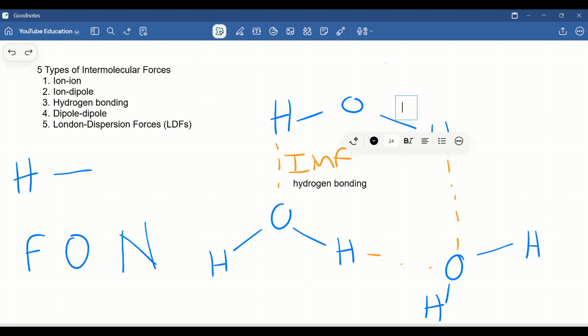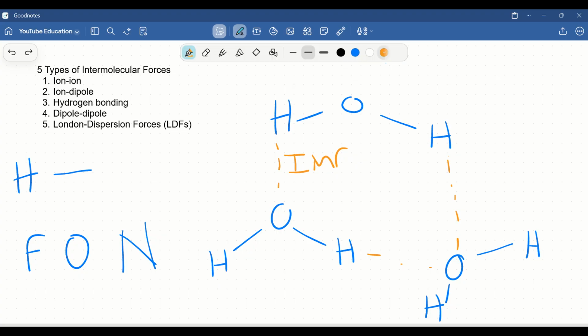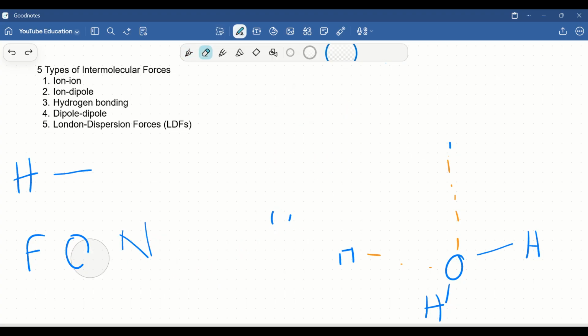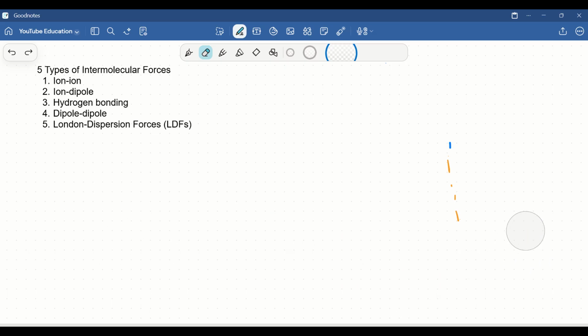And so now that we've talked about hydrogen bonding, let's now talk about dipole-dipole. Dipole-dipole exists in polar compounds and polar compounds only, and exists in all polar compounds. So for example, if I take something like formaldehyde, it has a structure something like this.